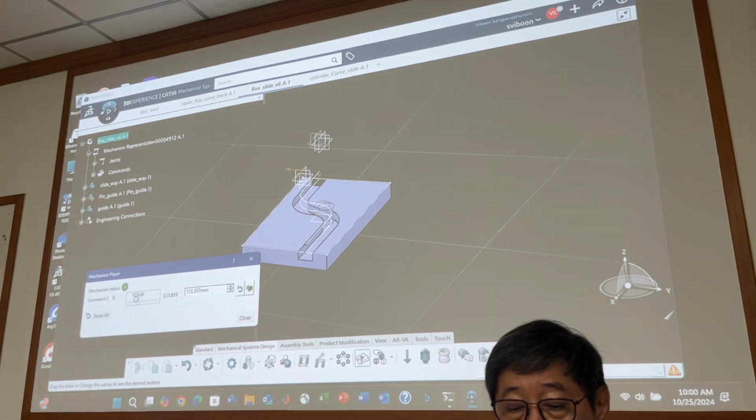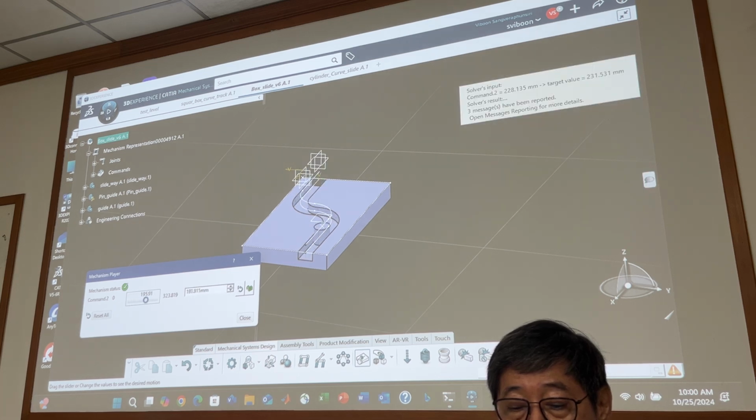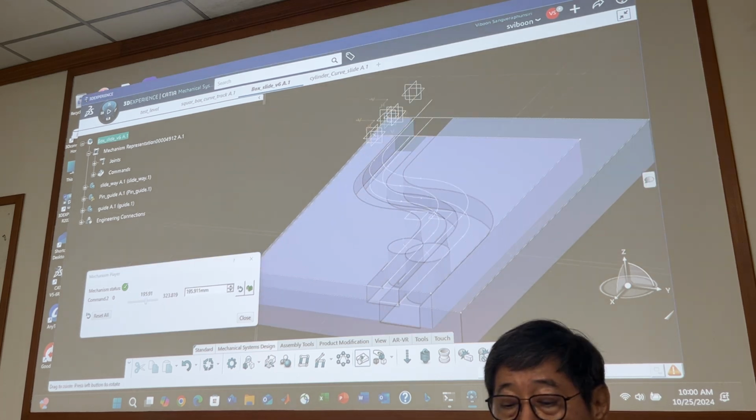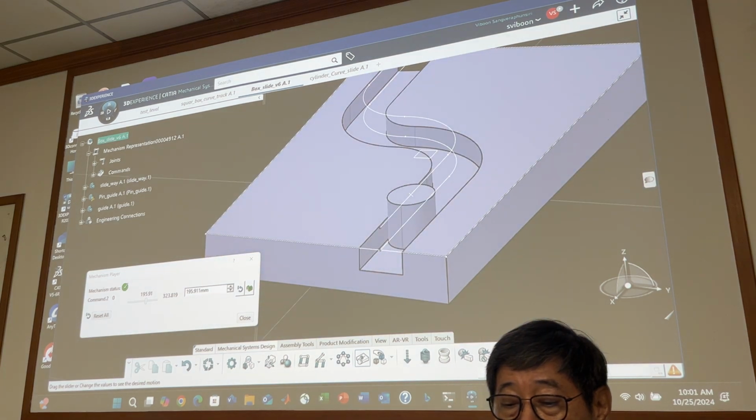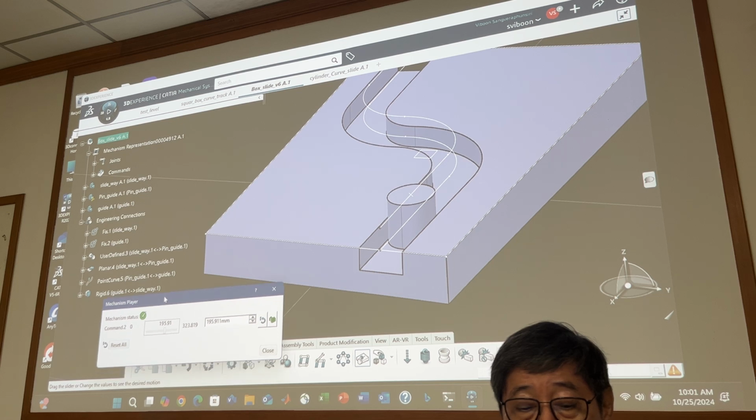You can do point and curve. You have a curve here, you have a point. This point belongs to this cylinder. And this point and curve. You have point and curve as well.